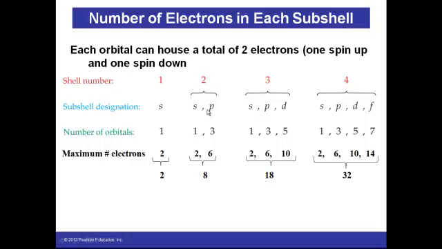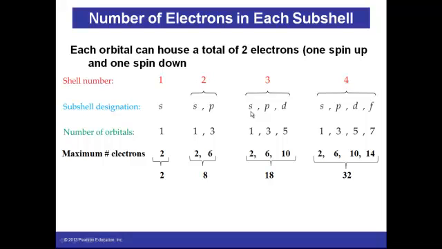It can house 2 apartment buildings or 2 subshells, the S and the P subshell. The S subshell again only has 1 orbital. The P subshell has 3 orbitals, and each orbital can contain 2 electrons. So the S can house 2 electrons, and the P can house a total of 6 electrons because there are 3 apartments. So the second shell can house a total of 8 electrons maximum.